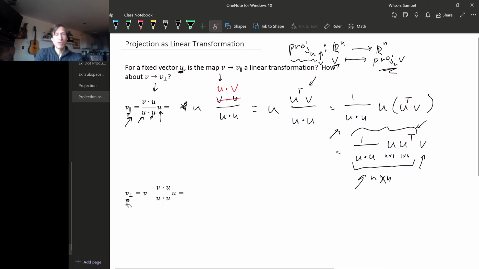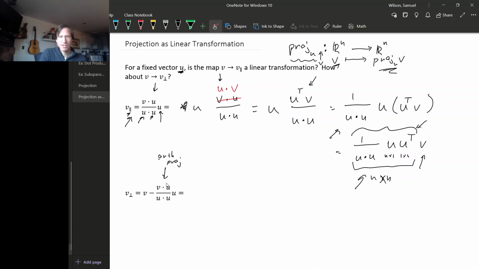What about the orthogonal complement? If the orthogonal projection is linear, then we strongly suspect that the orthogonal complement is as well, but how could we prove it? Well, this right here is the orthogonal projection.